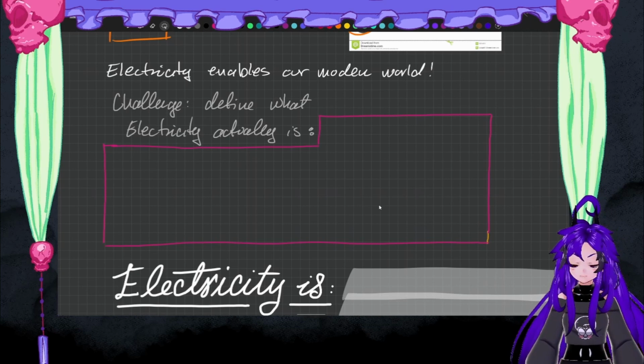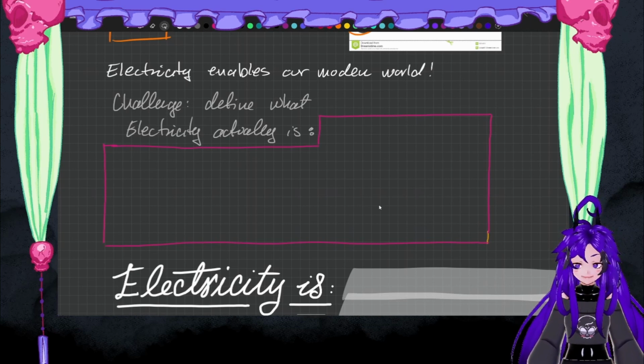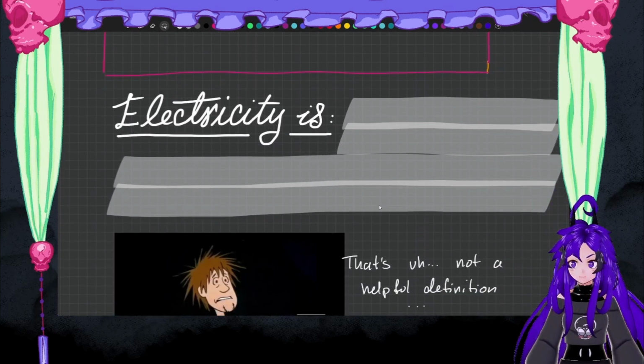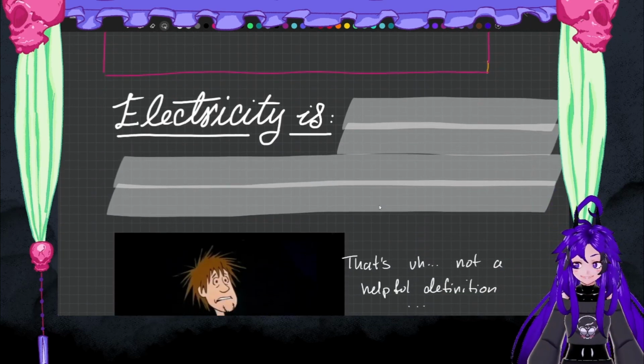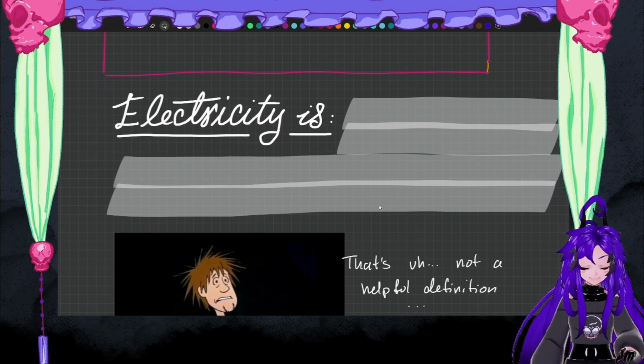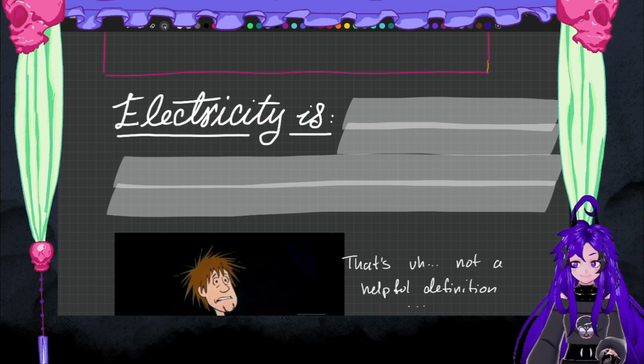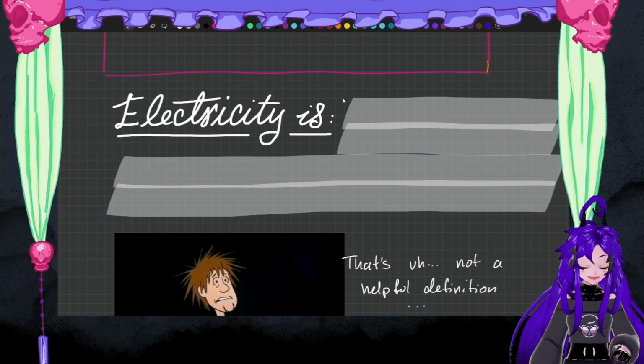So, once you're back from your pause and you're making your notes, let's look at my definition of electricity. And this is the most succinct definition I've managed to come up with.